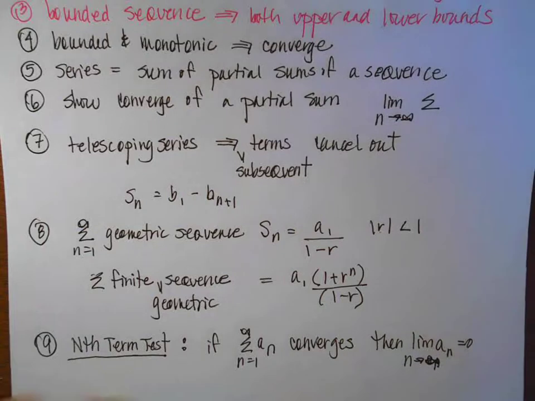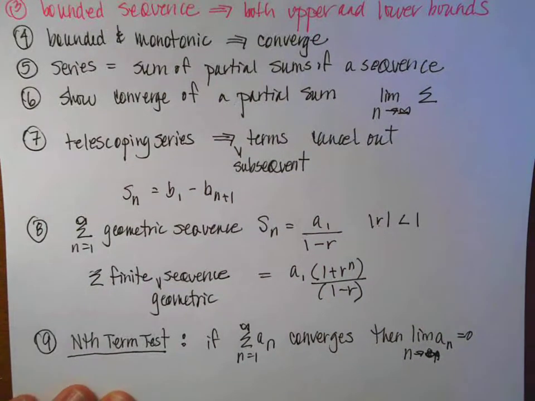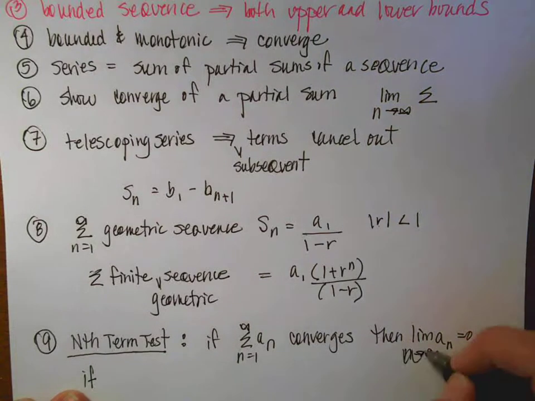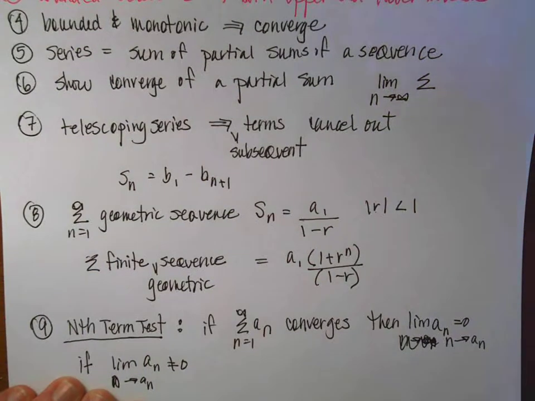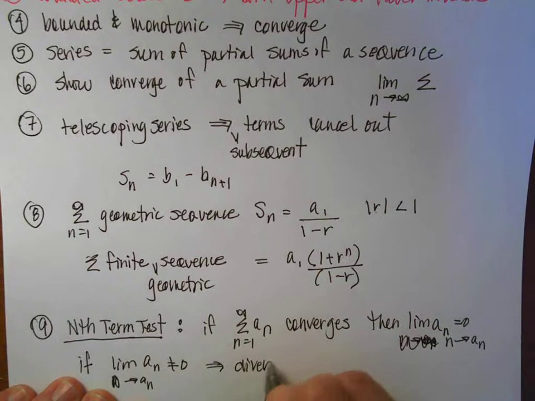If, on the other hand, the limit of a sub n as n approaches infinity does not equal 0, then the nth term test shows that our series diverges.